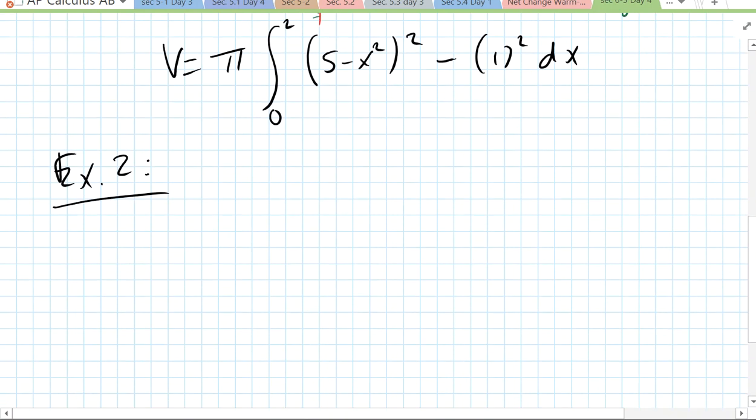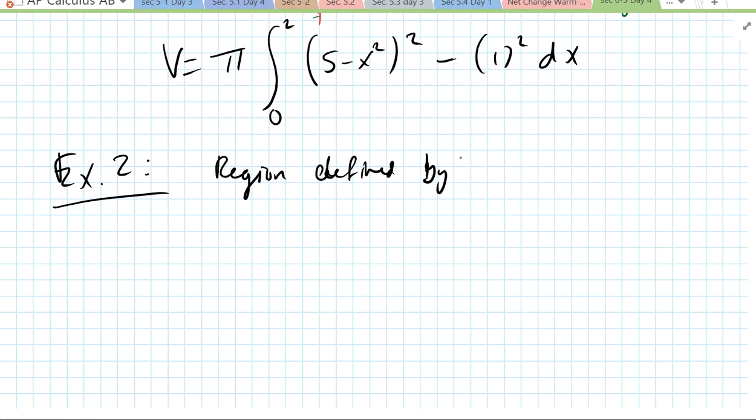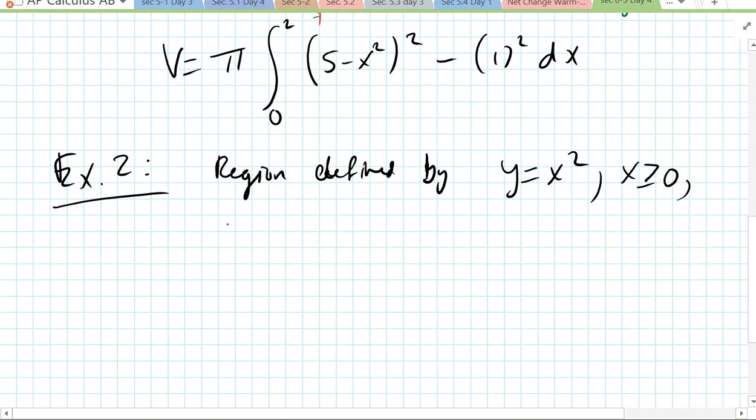So this time, we're going to take the region defined by y equals x squared, my favorite function, one of my favorite functions, right? x greater than or equal to 0, and y equals 4.